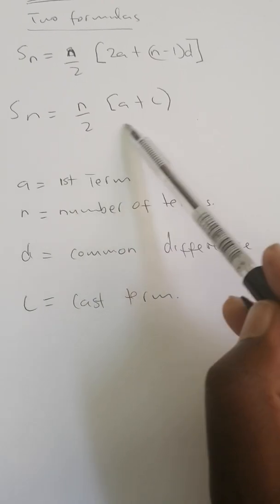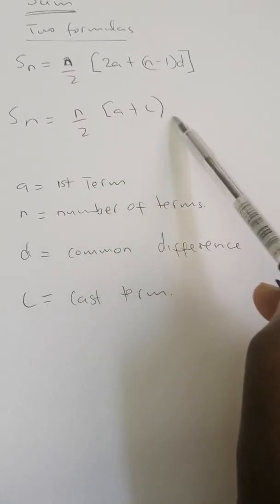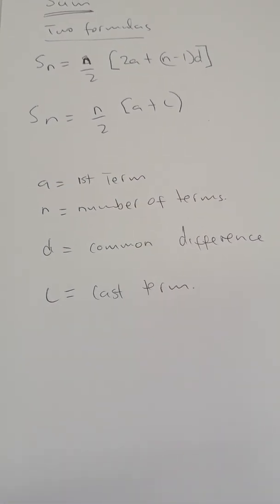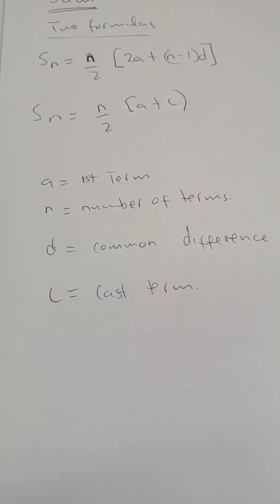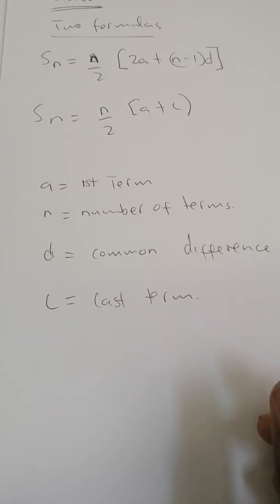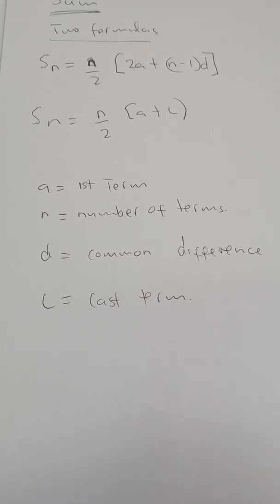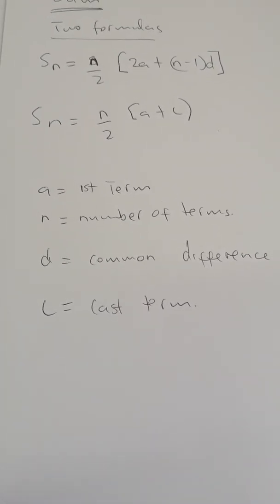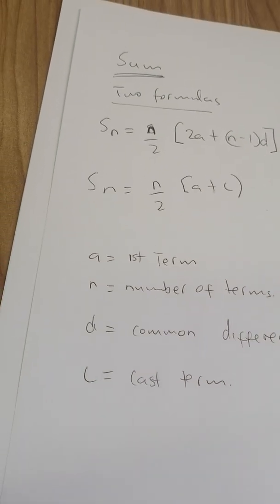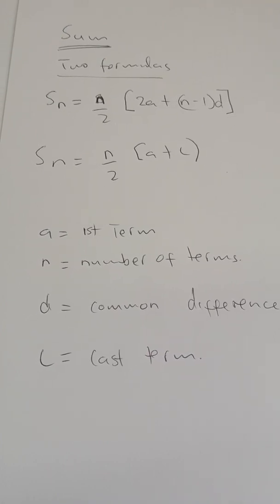If the information gives you an a and an l, the first term and the last term, then you quickly have to realize that you're using formula 2. So depending on the question given, you can easily use either of the two formulas.